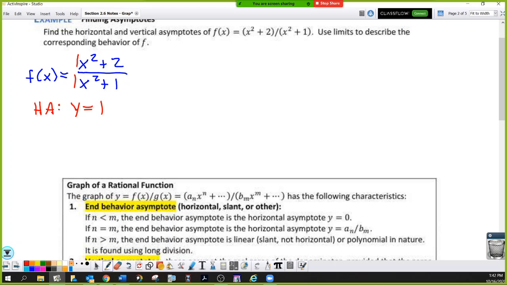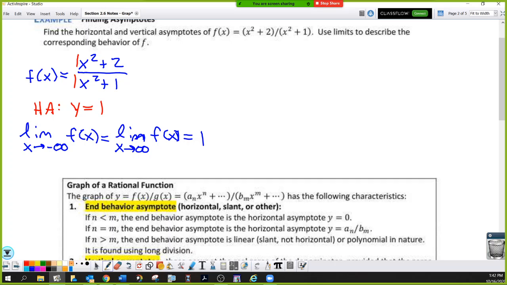That's kind of the definition. I mean, I'll write it, but so the limit as x goes to negative infinity of our y values is the same as the limit as x goes to positive infinity of our y values. And yeah, it's equal to 1, the horizontal asymptote.